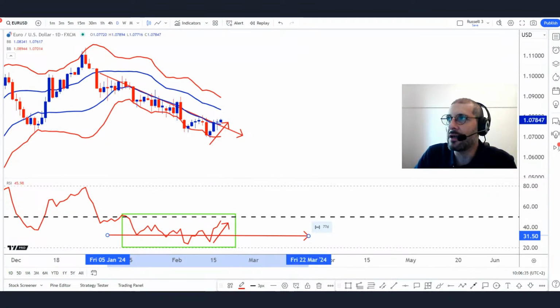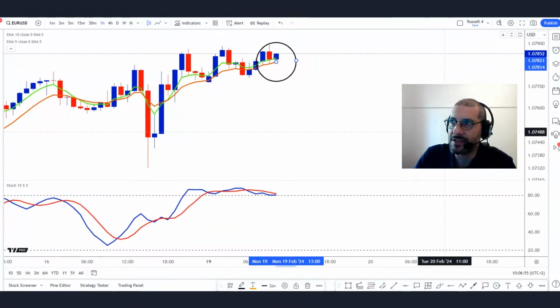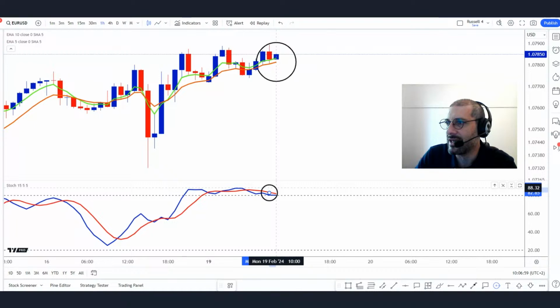Now what we can do is go down to the hourly chart and look for some sort of timing signals here as well. Whether we get them or not, well, we don't want to predict. We'll just react to them, right? So we can see if we're going to get a crossover to the downside with the EMAs. We have a crossover here, but we're still in the wrong quintile.